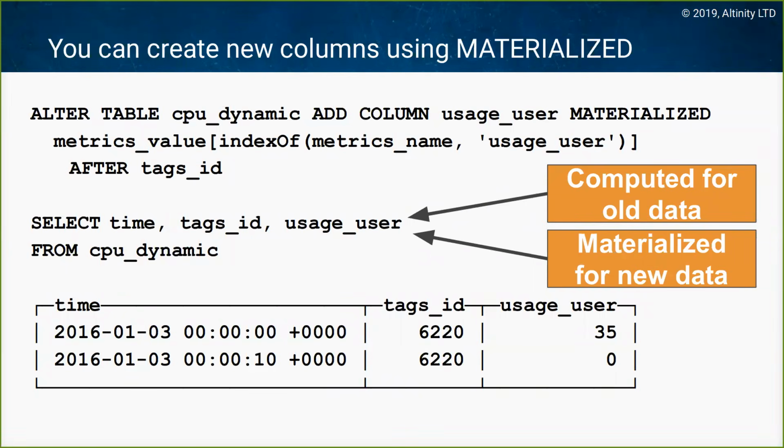materialized column creation statement. But when you add new data, what will happen is ClickHouse will automatically apply this formula and create a real column with that data. So over time, you're going to be much more efficient as you're working on this data. So this is a great way.